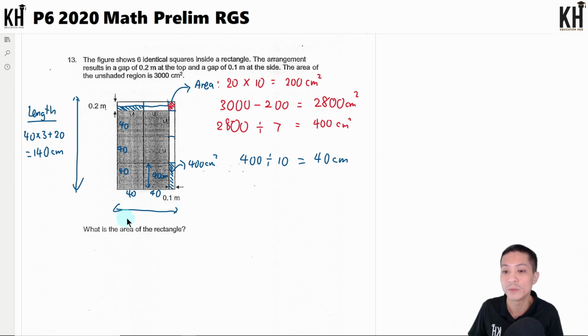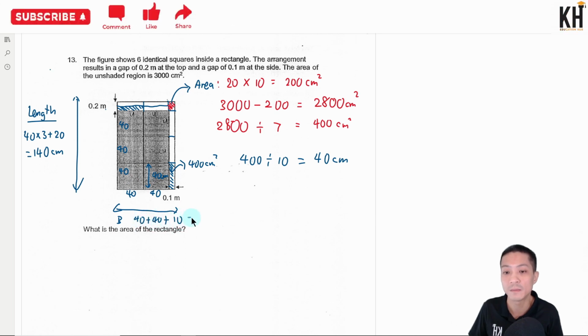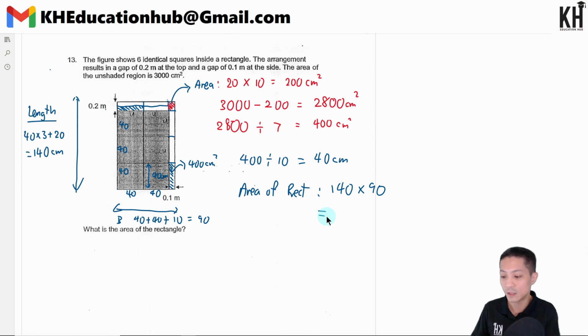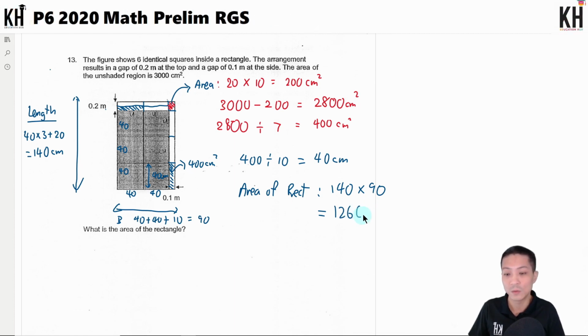And the breadth over here is 40 plus 40 plus 10, which is 90. Now to find the area of the rectangle, I'm going to use length times breadth. That will give me 12600 square cm.